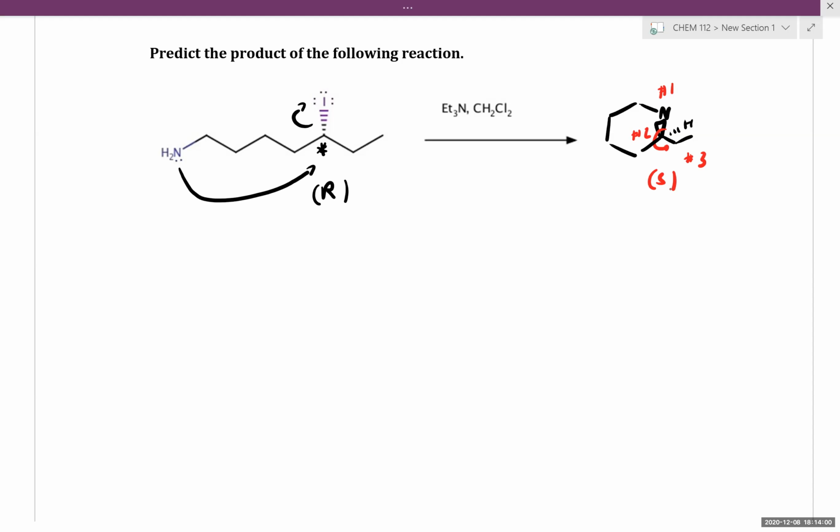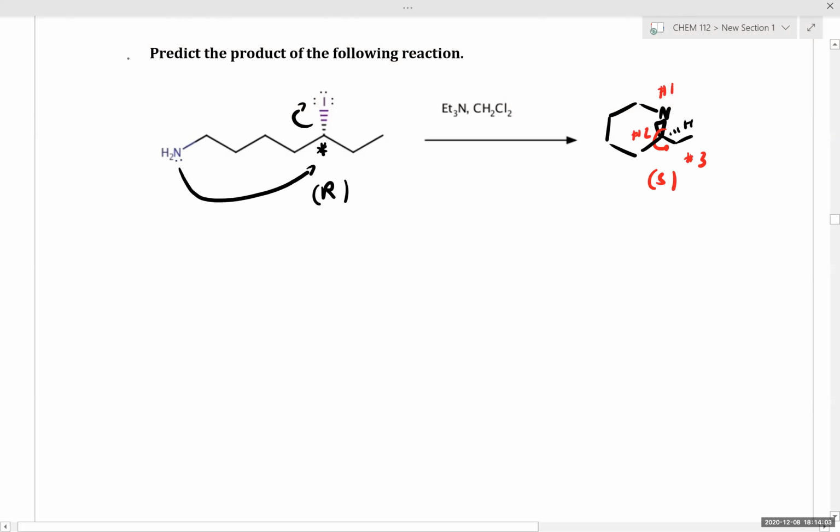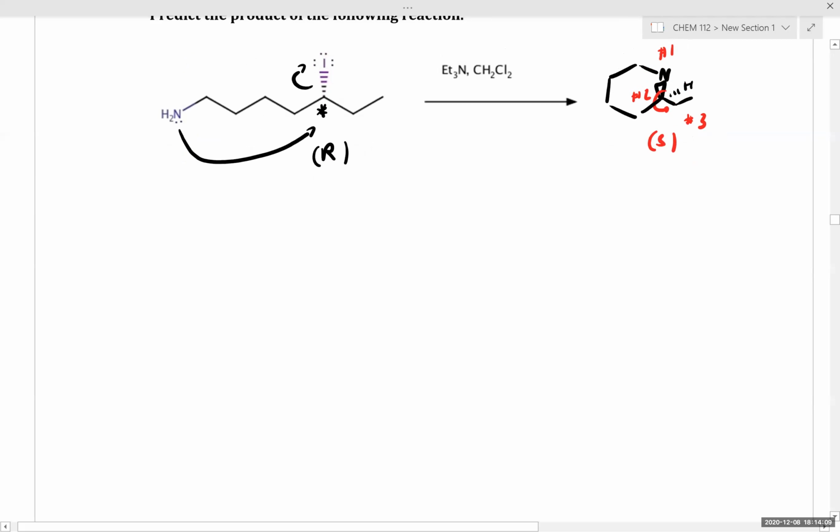So now that we have that all set up, now that we have verified that this reaction occurs with inversion of stereochemistry, we can redraw our final product. So this is our expected product from this Sn2 displacement. Does that idea make sense to everyone?